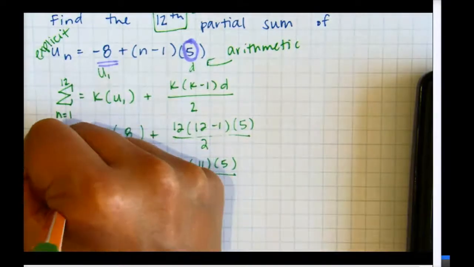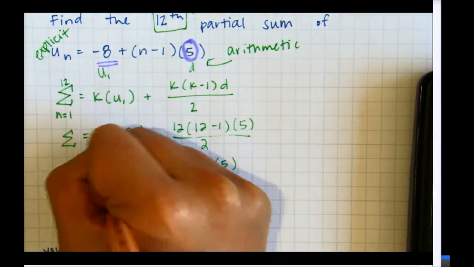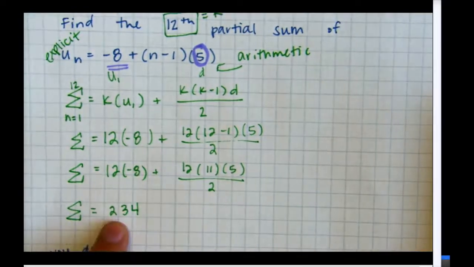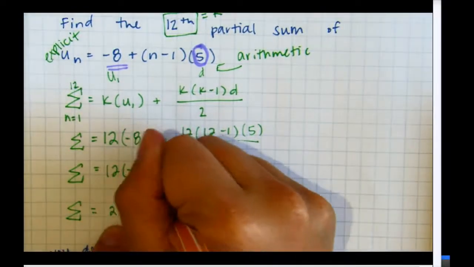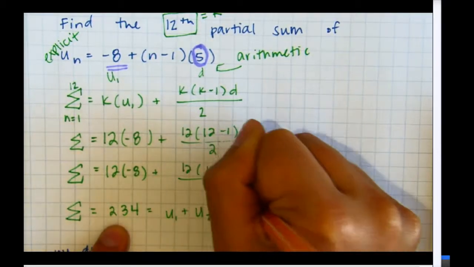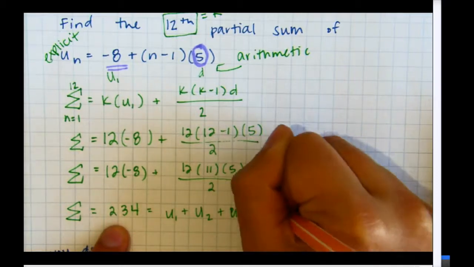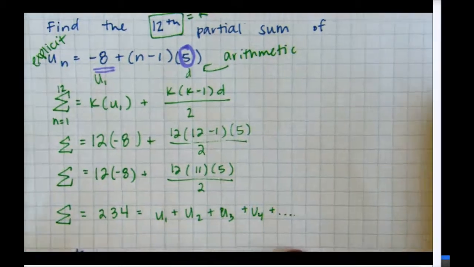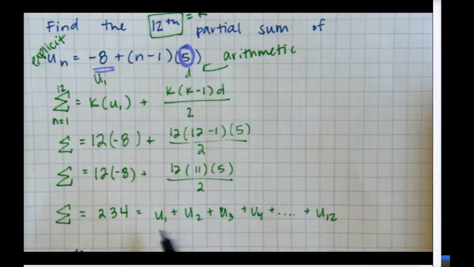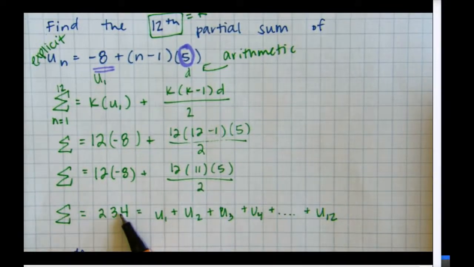So my sum equals 234. And that is equal to my first term plus my second term plus my third term plus my fourth term all the way up to my 12th term. And that's what this value represents.